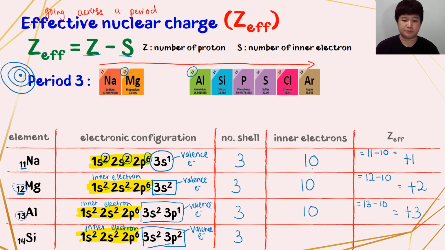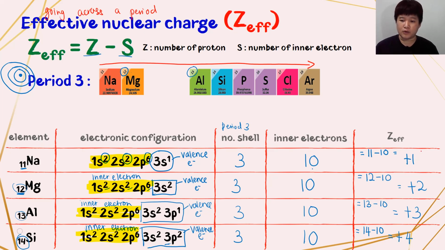And it also proves that all of them are in period 3. The inner electron also remains 10. The inner electron is not changing when you go across a period, but the effective nuclear charge increases. So what would be the effective nuclear charge of silicon? Silicon's proton number is 14, so you have 14 minus 10 equals positive 4.